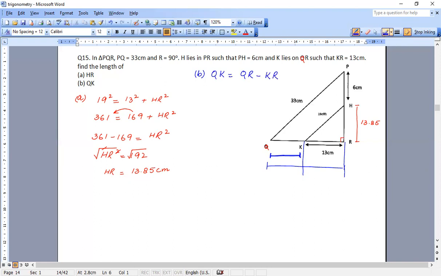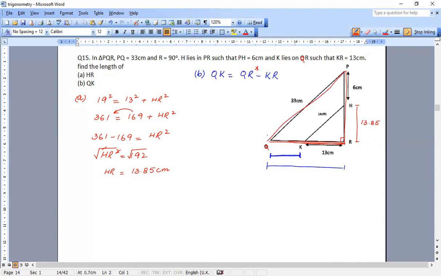If I look at the diagram, I have the length of KR, but I do not have the length of QR. So first I need to find QR. QR is the length of a side of the right angle triangle PQR.